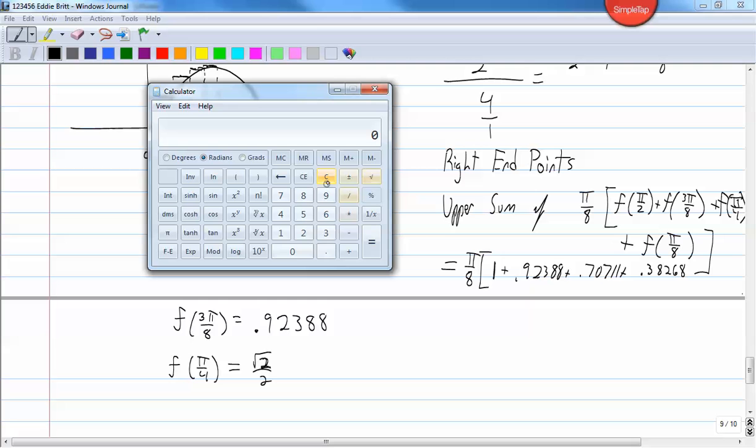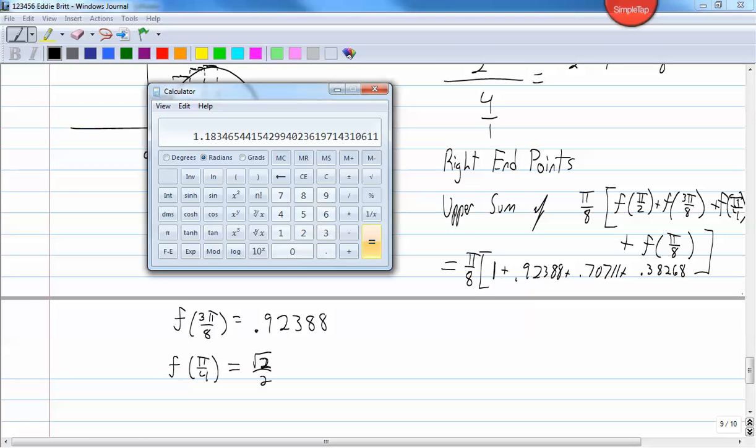So I can add those heights together. Alright, and then I want to say that times pi over 8. So times pi divided by 8.